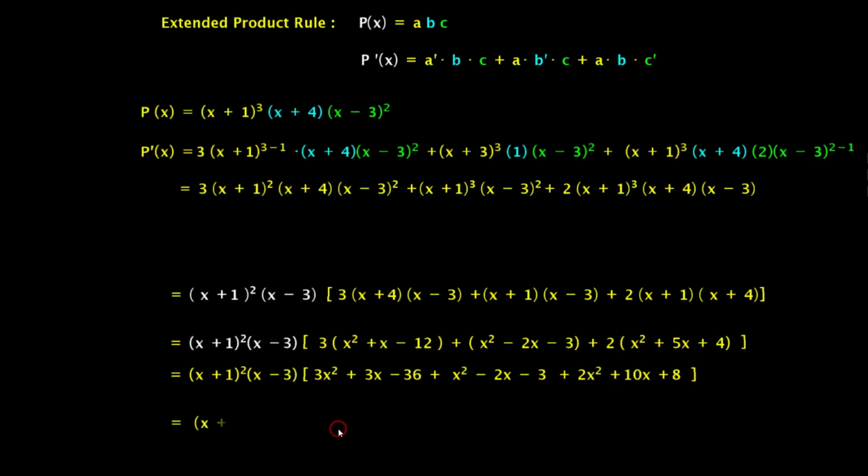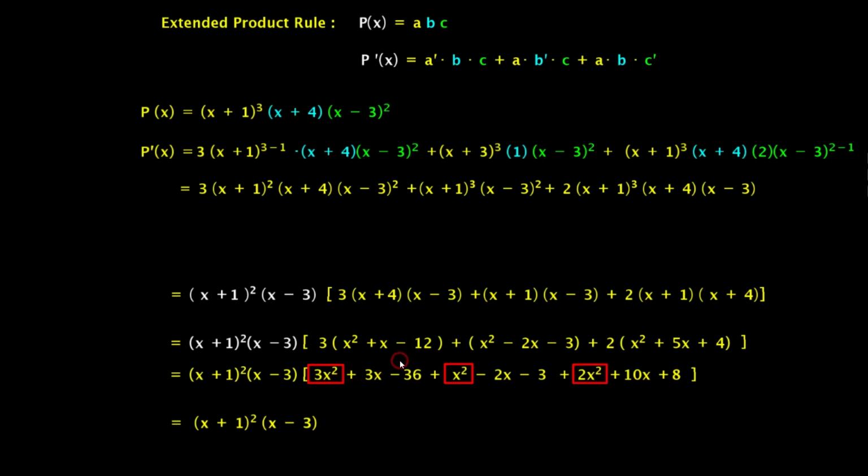Now probably, or most likely, is the last step. This will remain the same, (x plus 1) to the power of 2 times x minus 3. We have to simplify the whole big bracket, and it should turn into a very small simplified value. First, we collect the like terms, the x squared values, x to the power of 2's.